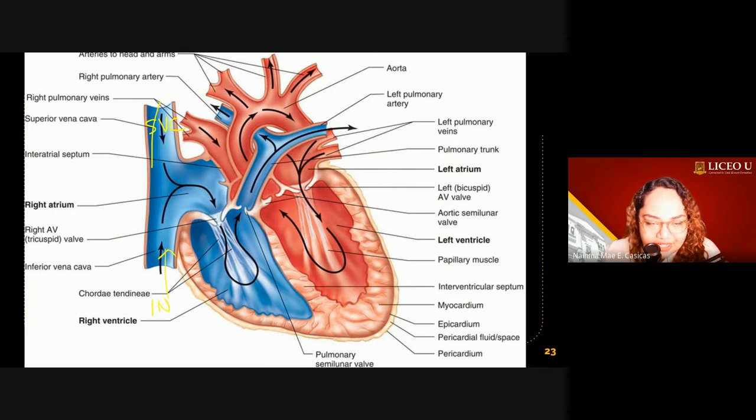They will deliver deoxygenated blood that has been through the system into the right side of your heart through the right atrium and then down to the right ventricle. Then your right ventricle will deliver the deoxygenated blood sa imong lungs, no?